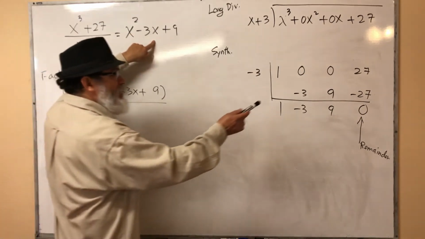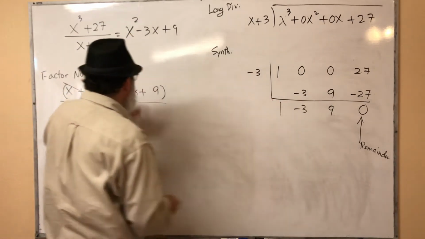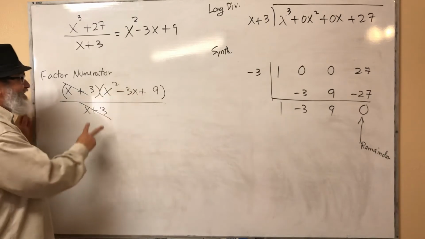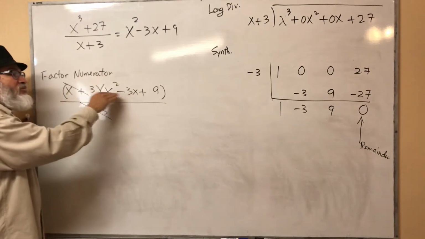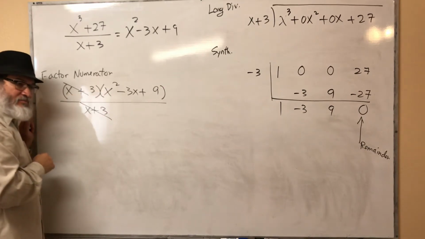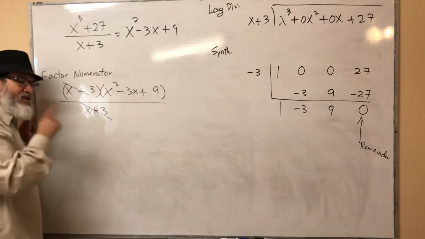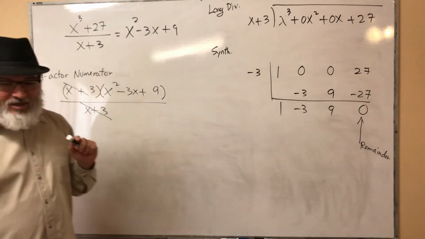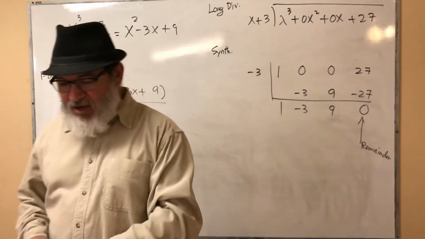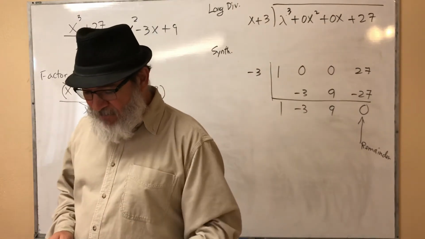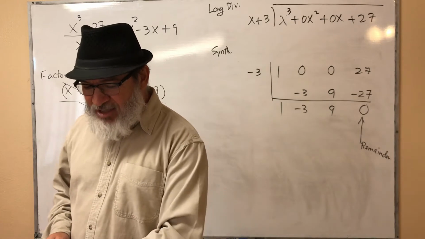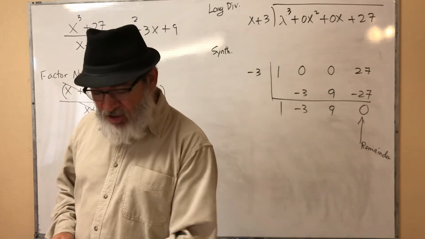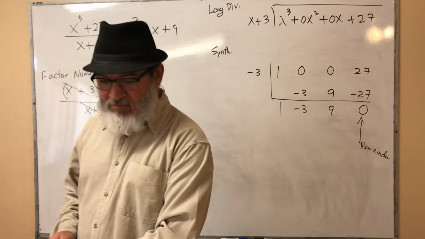Here we had remainder of 0, and that meant that this denominator is also a factor in the numerator. Okay? All right. Let's not forget that. Once again, whenever the remainder is 0, then we say that the denominator is a factor of the numerator.